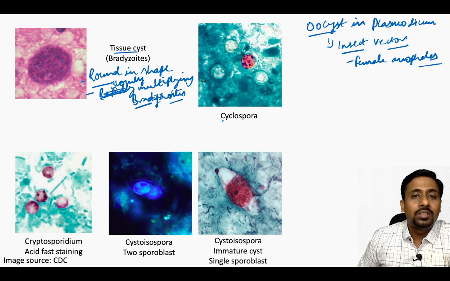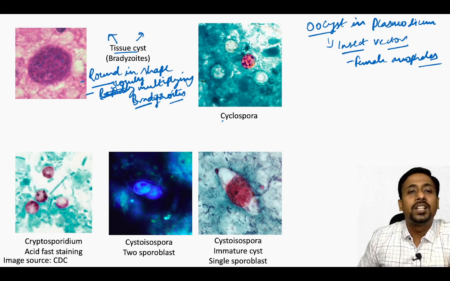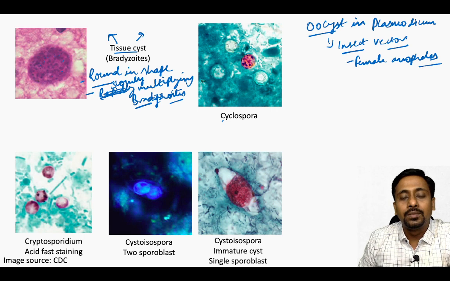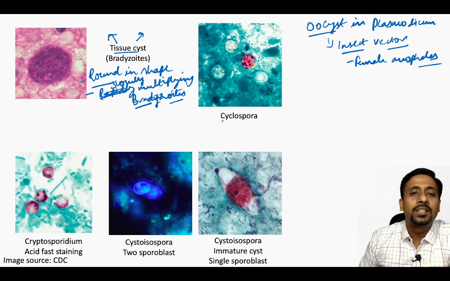And this tissue cyst is basically present in tissues of the intermediate host in case of toxoplasma and sarcocystis. This tissue cyst is not present in the opportunistic coccidian parasites causing diarrhea. These are present only in toxoplasma and sarcocystis, in the intermediate host.